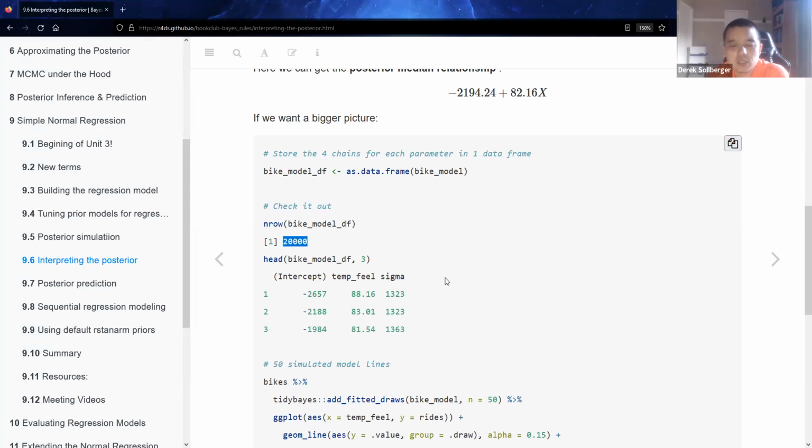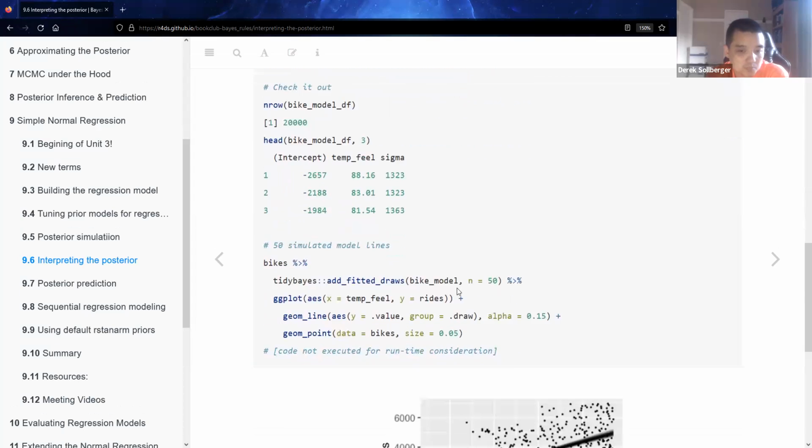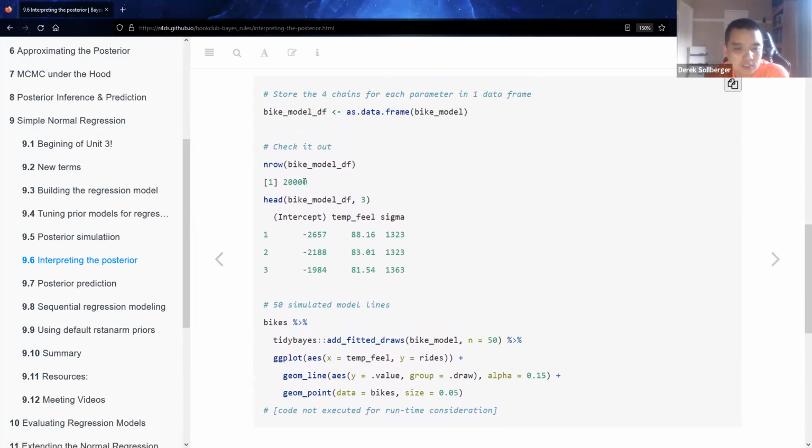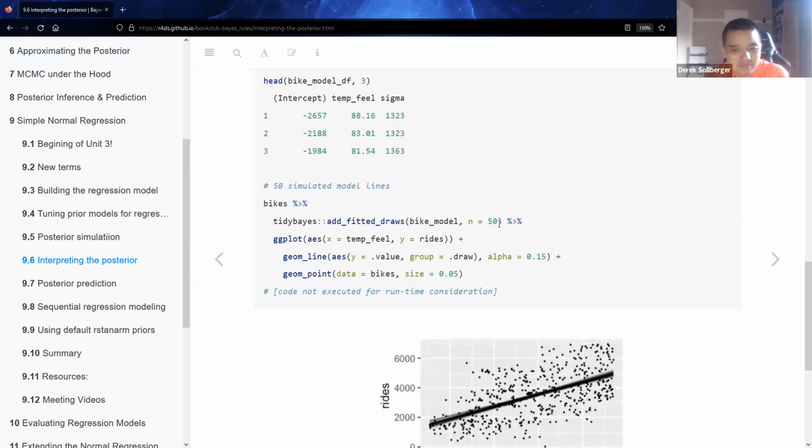The 20,000 came from, we built Markov chains of 5,000 iterations each, and we built 4 of them, so 4 times 5,000. There are, once again, 20,000 of these relationships. Let's look at maybe 50 of them.